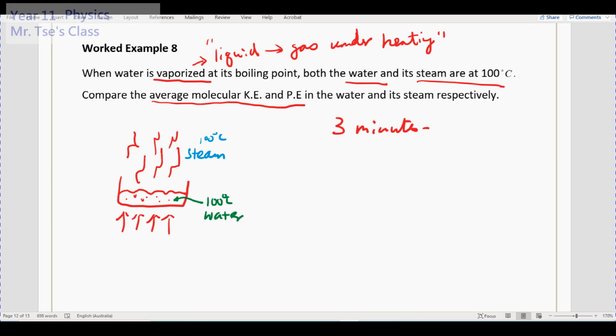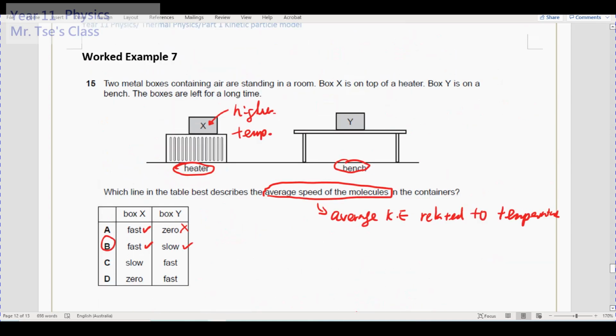Some of you might think steam must have greater molecular KE, because normally we say gas moves at a higher speed than liquid and solid. That's generally true, but there's another more important concept.